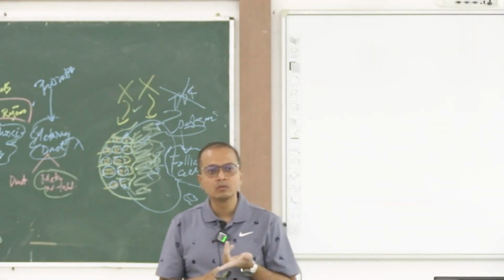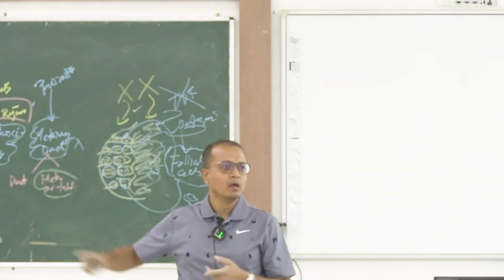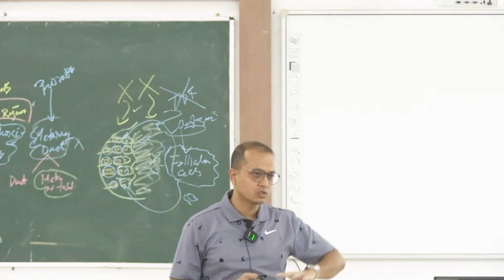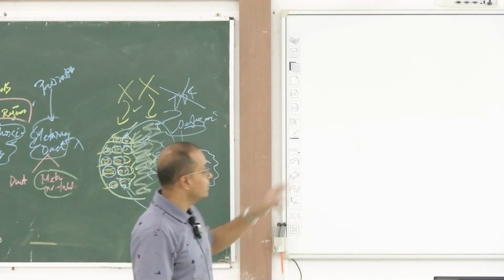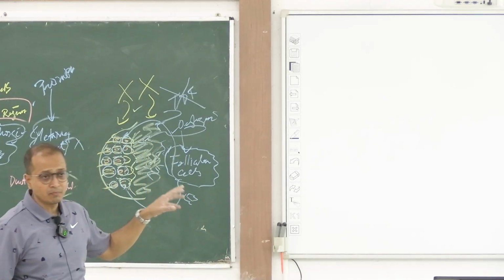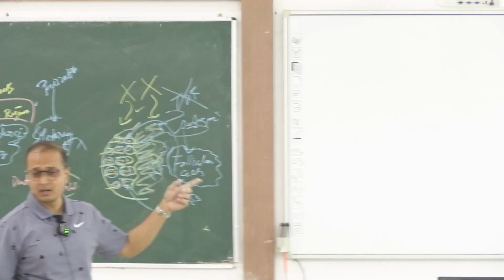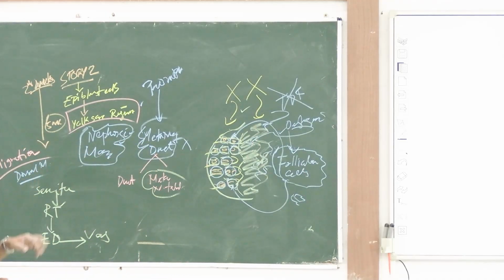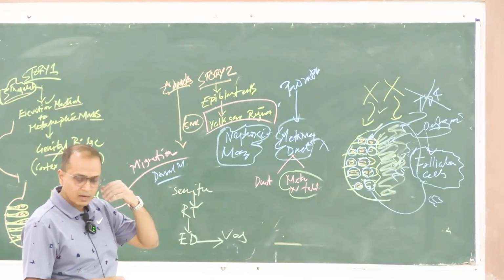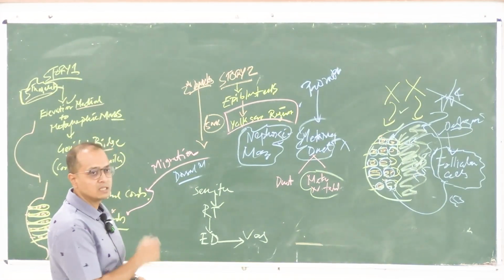If you have the Y chromosome, the story goes one way. If you do not have a Y chromosome, the story tells you something else. So if you have the testis developed in this region because of the Y chromosome and TDF, and in the absence of TDF, the genital ridge behaves and forms differently. So the medulla part gets damaged or replaced, and only the cortex remains.